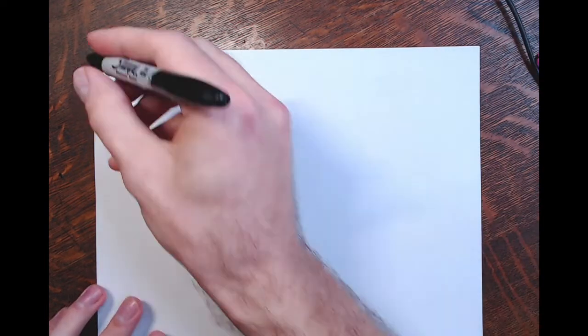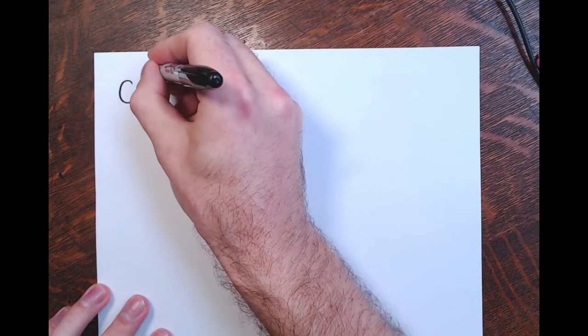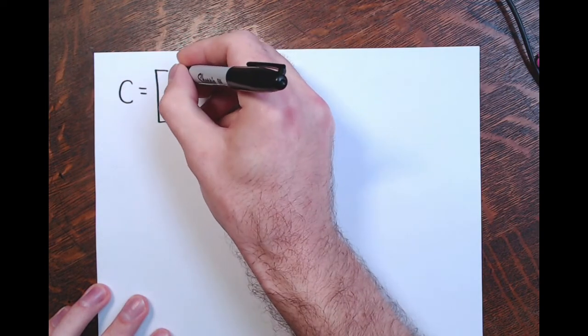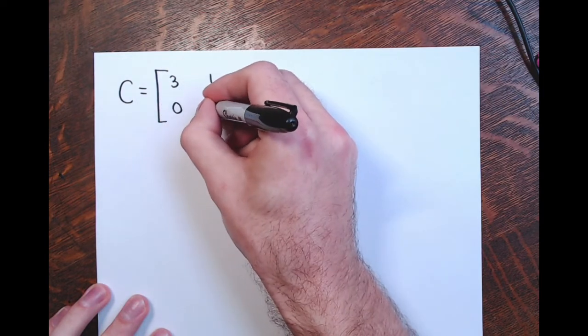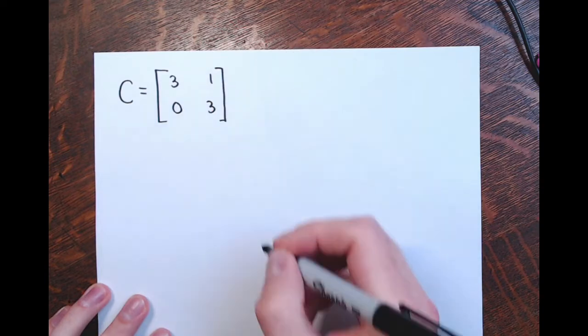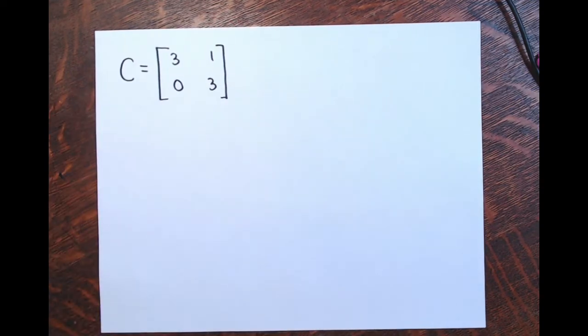Not every matrix, I'll tell you right now, is diagonalizable. So let me just show you part C of that same example. So here's a matrix called C. That's another 2 by 2. And the same question: is C diagonalizable?